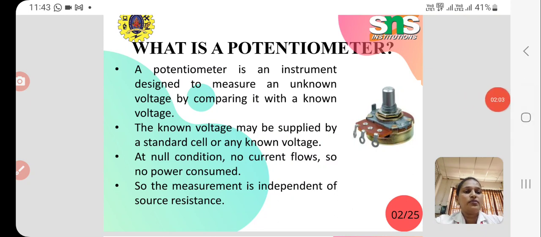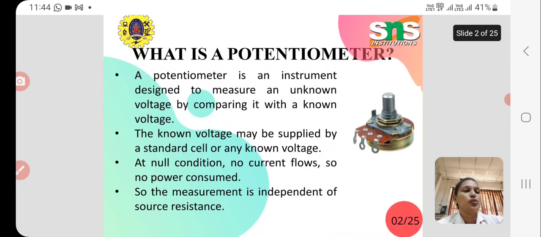The known voltage may be supplied by a standard cell or any known voltage source. We use a galvanometer for this purpose, which shows null deflection. During null deflection no current flows, so no power is consumed. So the measurement is independent of source resistance.